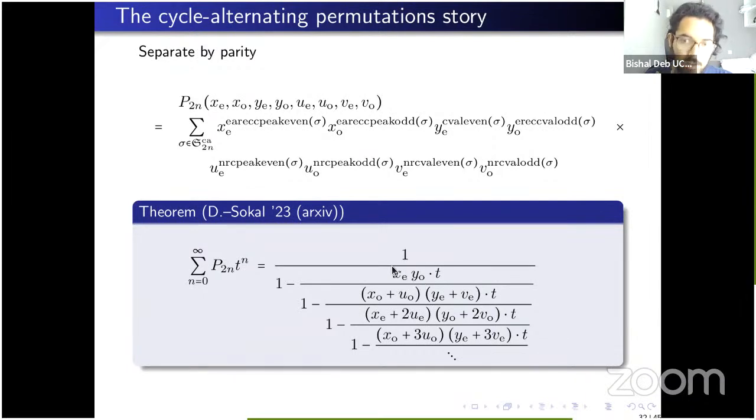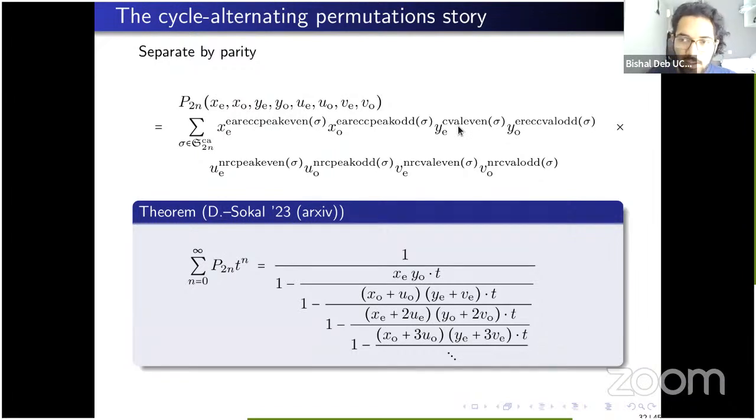So this is even cycle peak. This contribution is coming from odd cycle valley. Here you have odd cycle peak, even cycle valley, again even. So you have even, odd, odd, and then odd, even. And so here you understand that the alphas, even heights and odd heights, have contributions which depend on the parity of the indices.